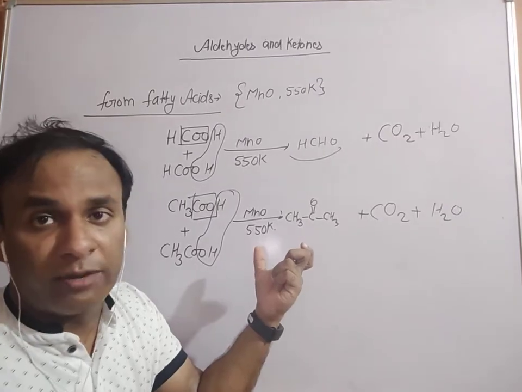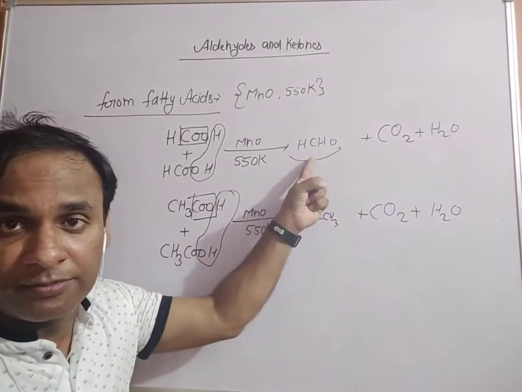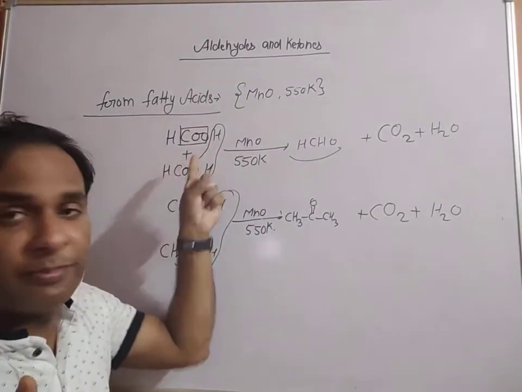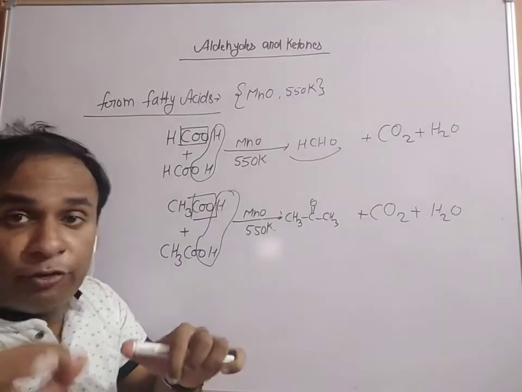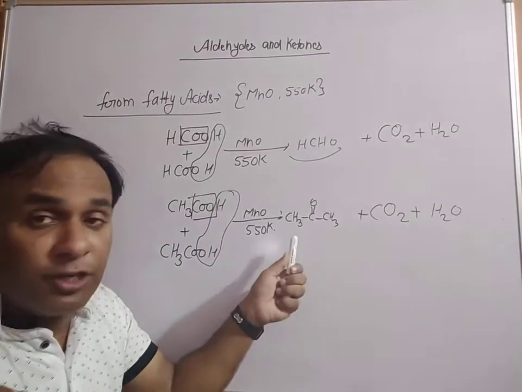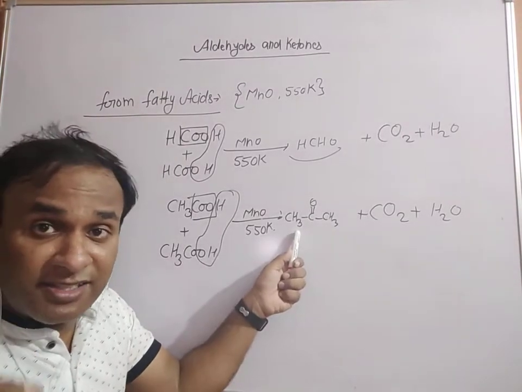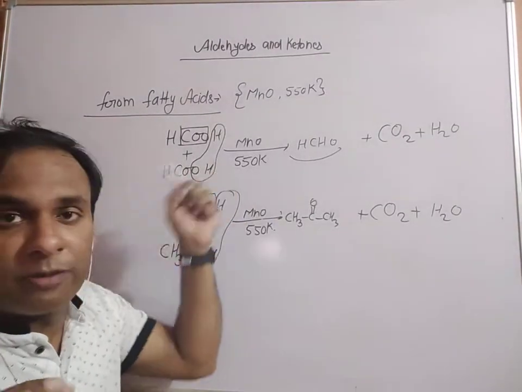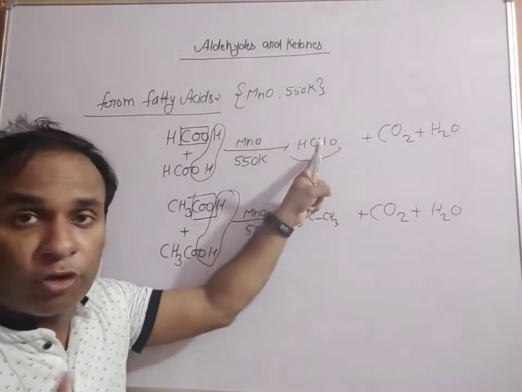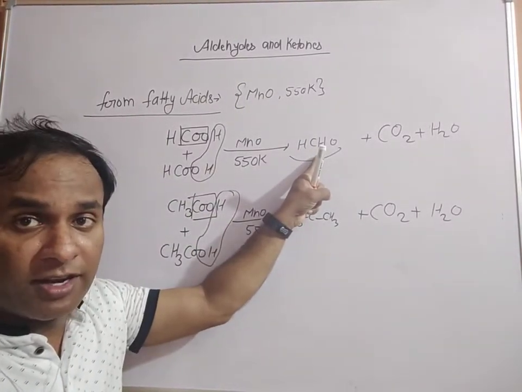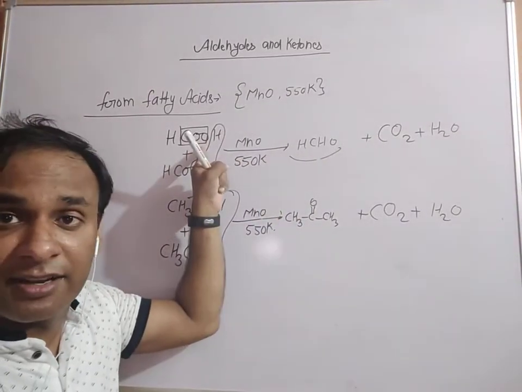The one important point: if you want to form an aldehyde, then 1 mole of formic acid is mandatory. Clear? If you want to form a ketone, it is necessary that formic acid is absent. Listen, in order to form formaldehyde or any aldehyde, formic acid is important.